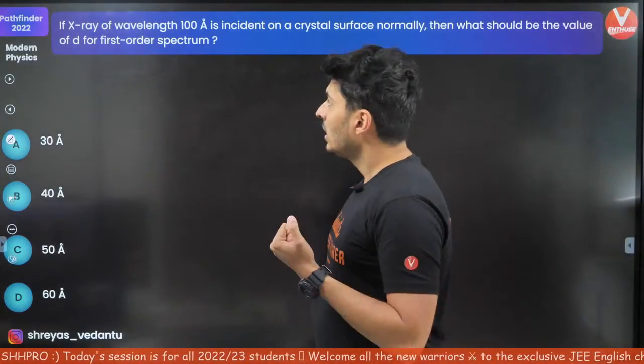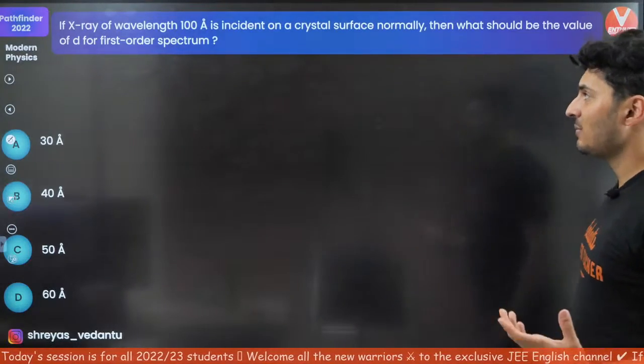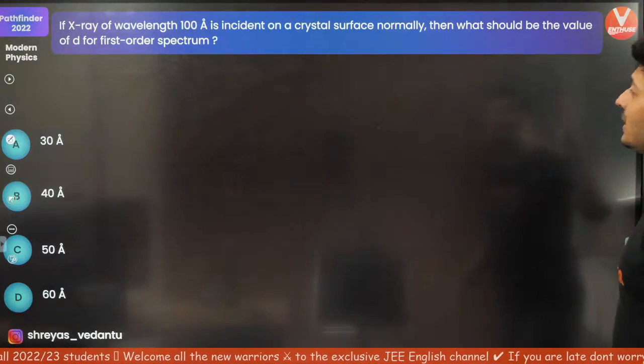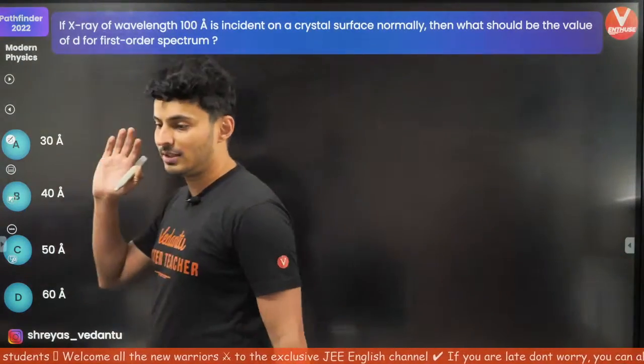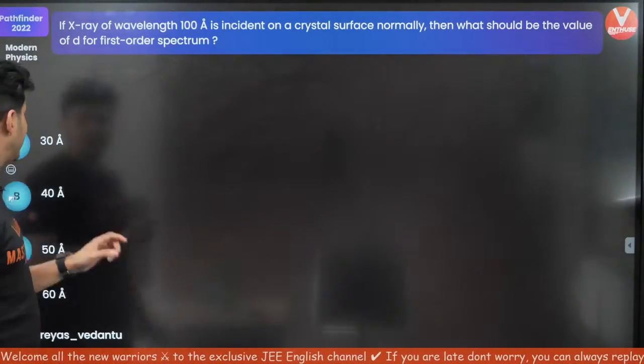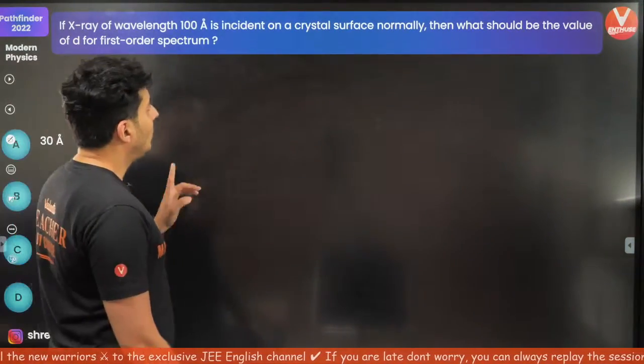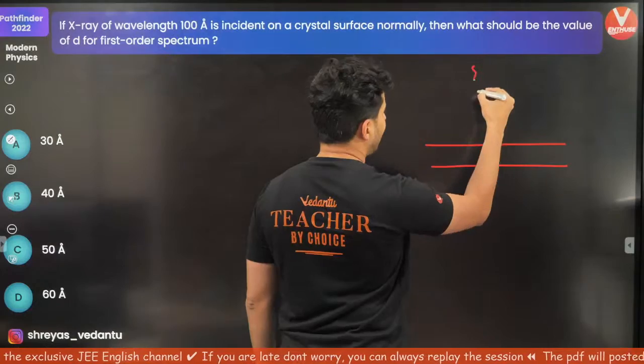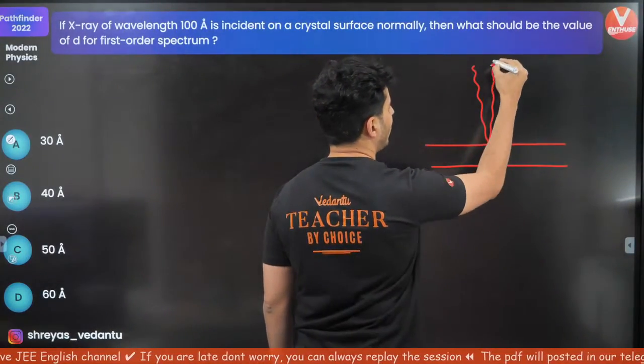Here we go. If X-rays of wavelength 100 angstrom are incident on a crystal surface normally, then what should be the value of d for the first order spectrum? Let's do this. So there is a surface and the X-rays are incident normally.